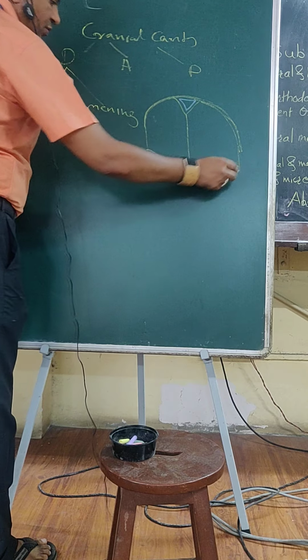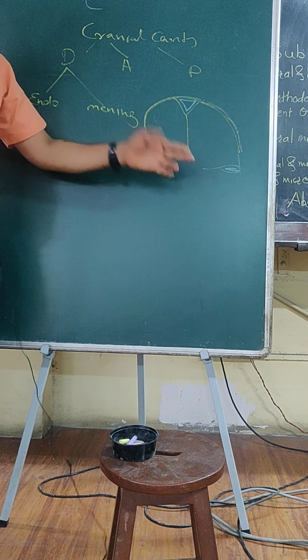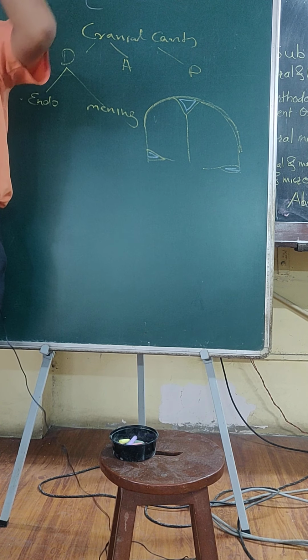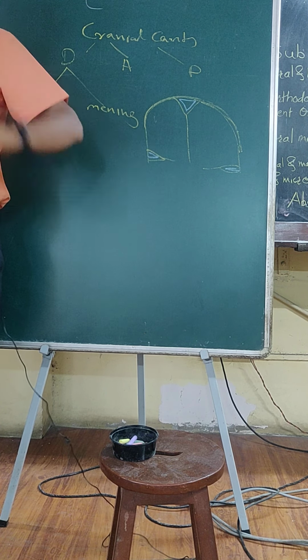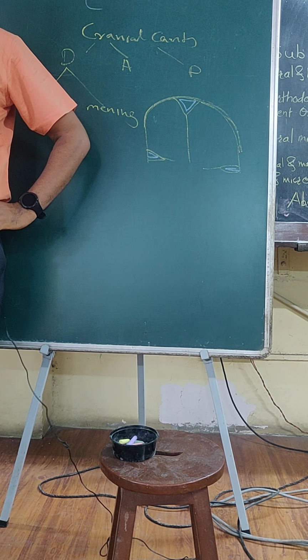We will discuss the location of the dural venous sinuses. This fold, in the coronal section, which lies between the two cerebral hemispheres, is called the falx cerebri.